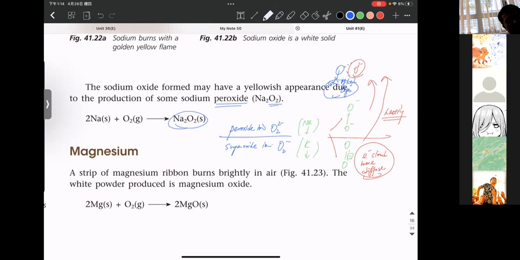Because as I said before, the electron cloud of peroxide and superoxide ions is more diffuse. So if I have a metal ion of higher charge, it would more easily distort the peroxide or superoxide structure, even at room temperature. In other words, the formation of peroxide or superoxide is rarely found when you talk about group 2 or group 3 elements. Is that clear?